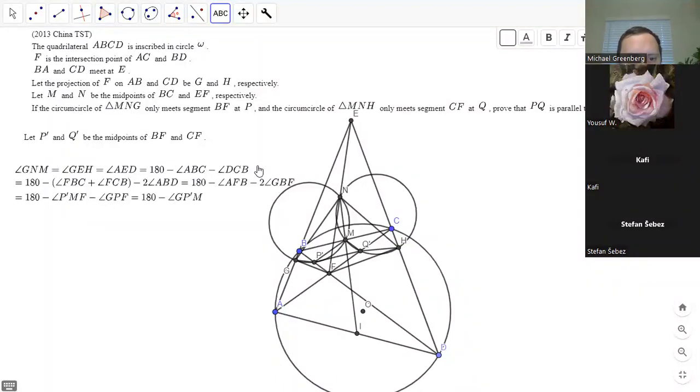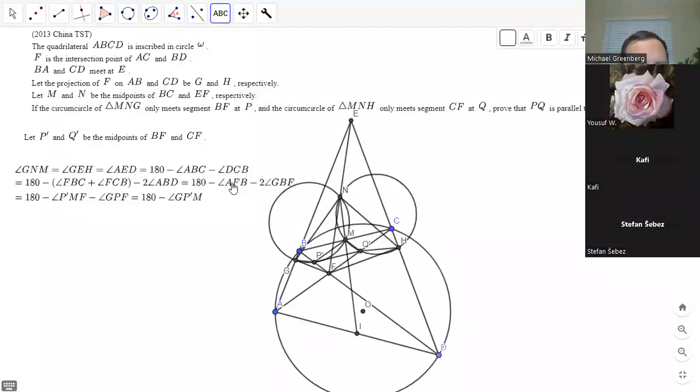Maybe. So ABC is FBC plus FCB. Wait, so this is saying ABC is FBC plus FCB minus 2 ABD. And then, okay, so you're using that AFB is P prime MF.